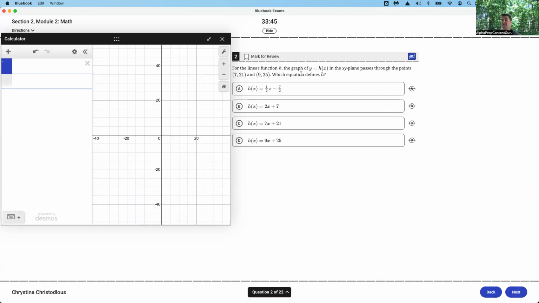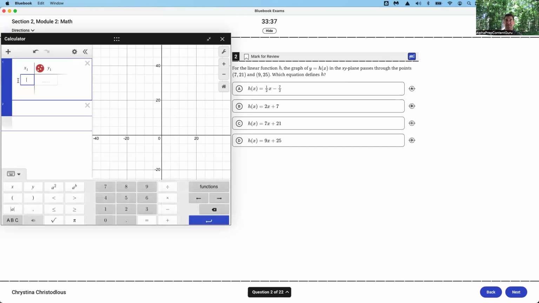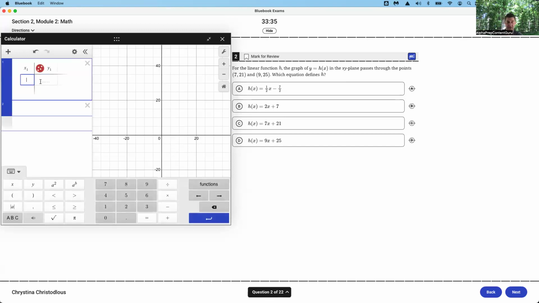So here we have a linear function, and we have the graph of it, and it passed through those 2 points. We want to know which one of these is the answer. I'm definitely going to click on the plus and make a table and immediately put those points in. 721 and 925. Now I'm going to create an equation of best fit.